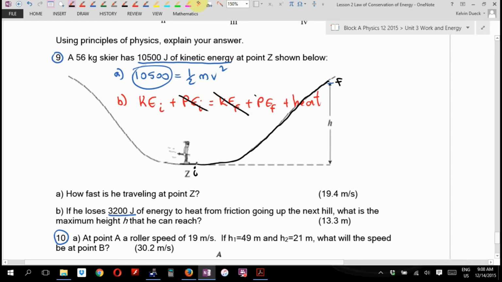Is that okay? It wants me to find this height because this is MGH final. I'm going to minus the heat over. This is going to be KE initial minus heat equals MGH final.